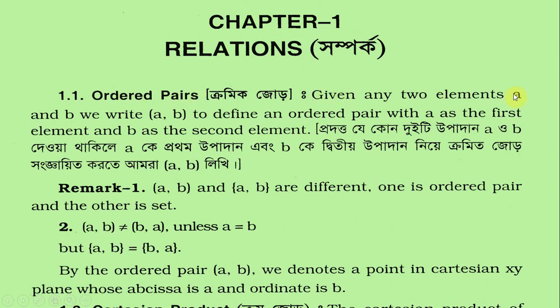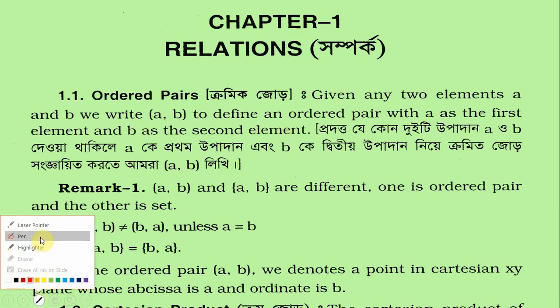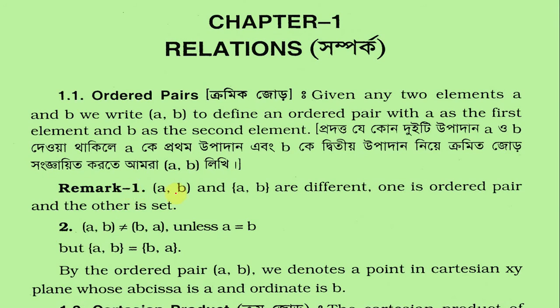Given any two elements a and b, we write (a, b) to define an ordered pair with a as the first element and b as the second element. Dear students, here (a, b) in round brackets and {a, b} in curly brackets are different.